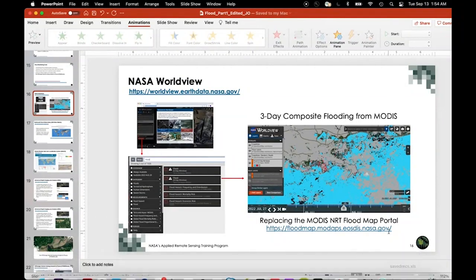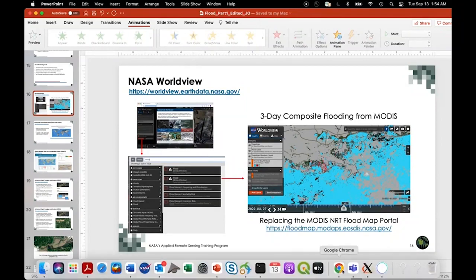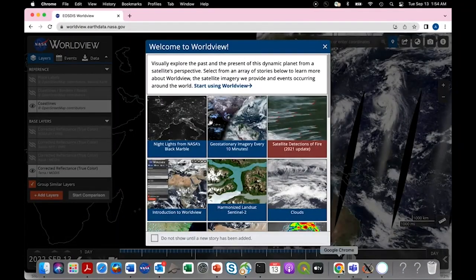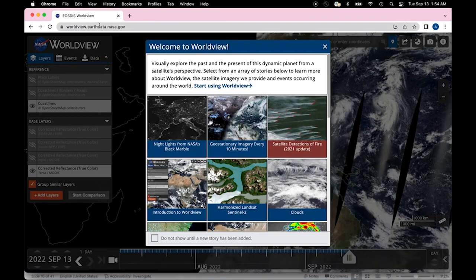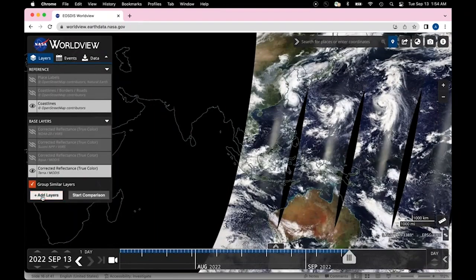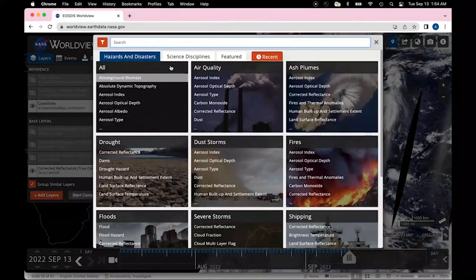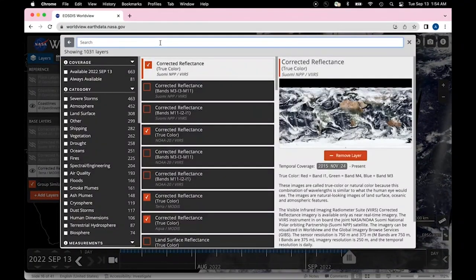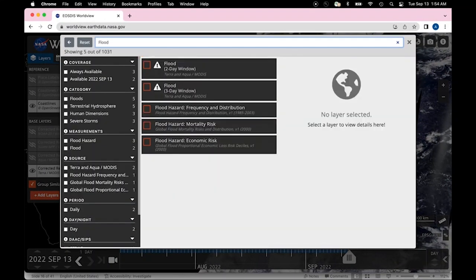So let's look at NASA Worldview and look at MODIS flooding. If you go to NASA Worldview, you will get this window. You can take the tour. Here you can search for different layers. So let's search for flooding or flood, and it comes up with a number of choices.